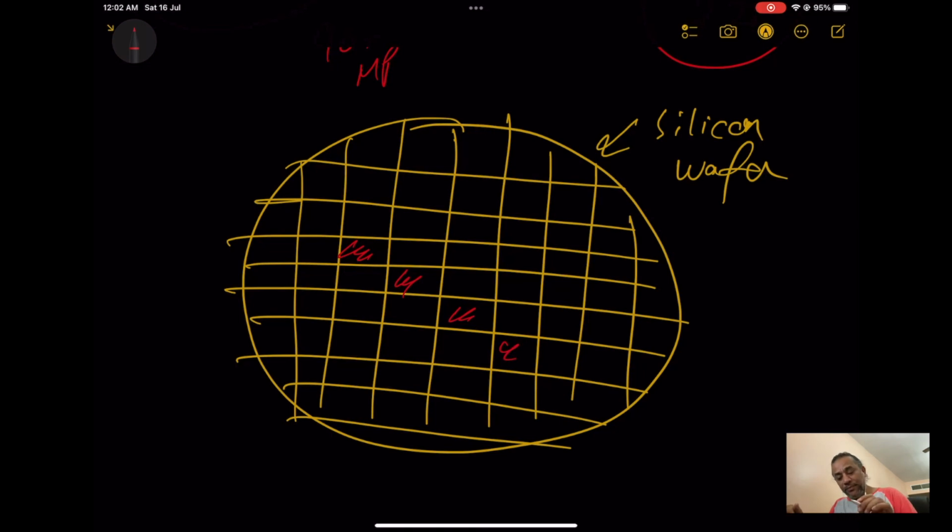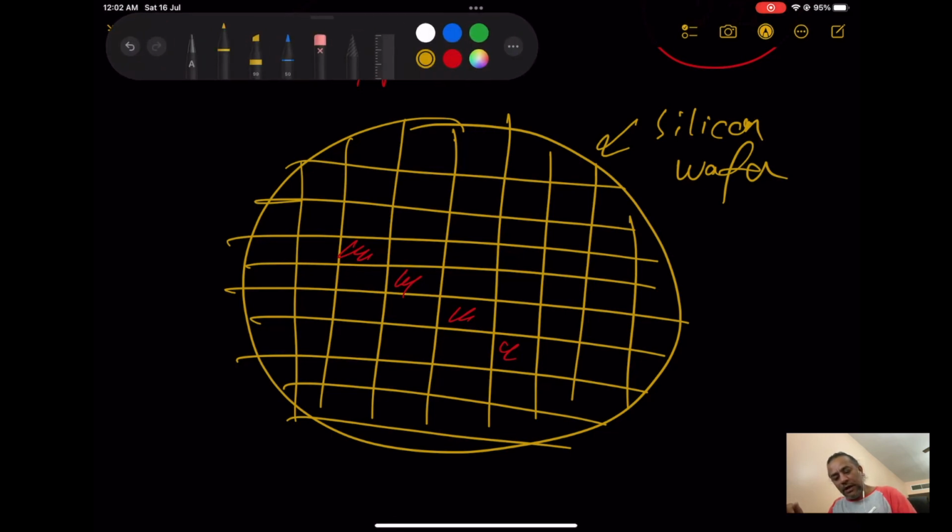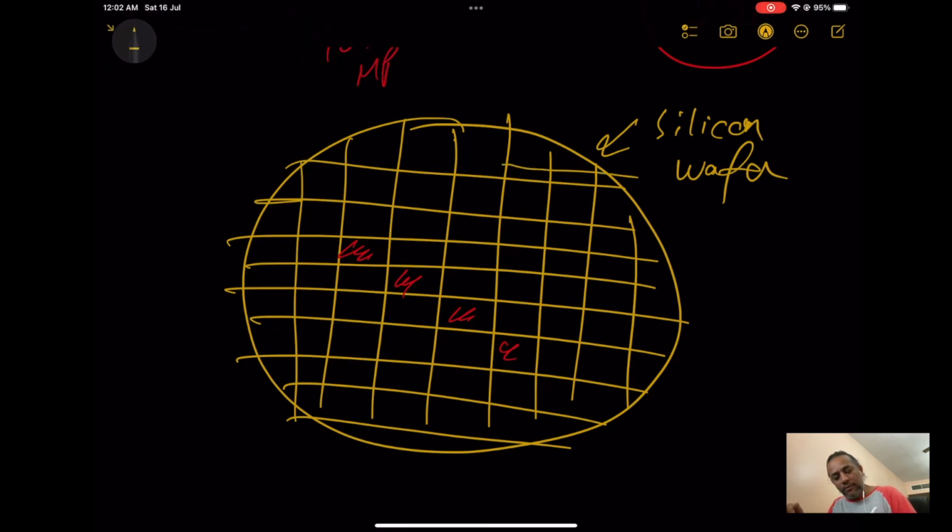So imagine that they cut a little more finer over here. They cut a little more finer over here.